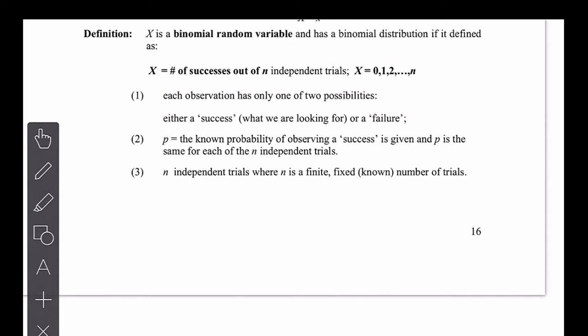The second criteria to be able to use the binomial formula is that I know the probability of seeing what I'm looking for. Now that's a little bit bizarre if I'm going to run an experiment to find it, but bear with me.